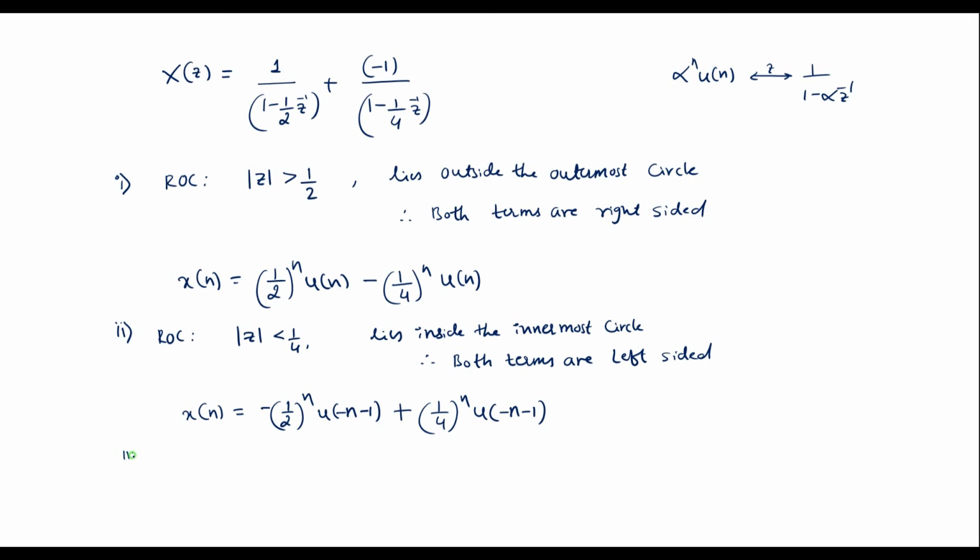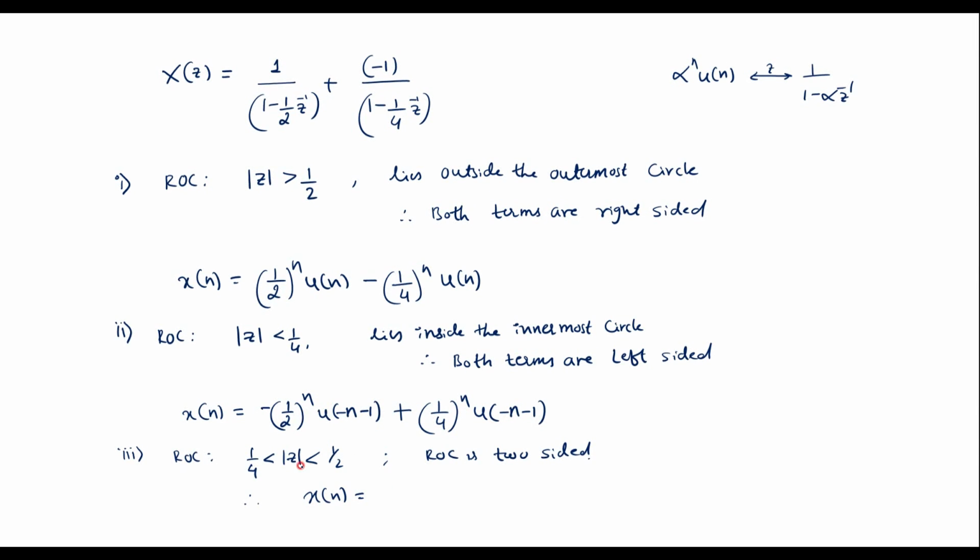Now consider case 3, that is ROC is |z| less than 1 by 2 whereas greater than 1 by 4. So here the ROC is two-sided. Therefore we can write x of n as follows.